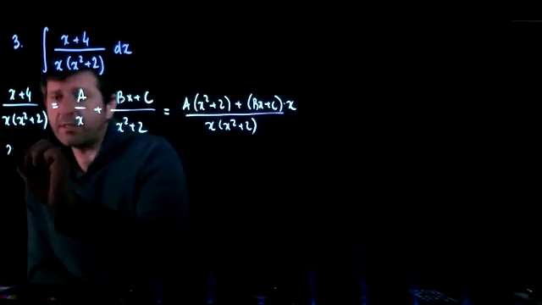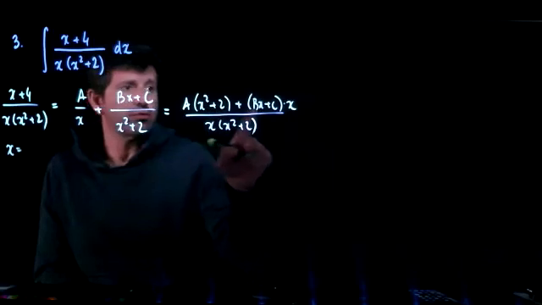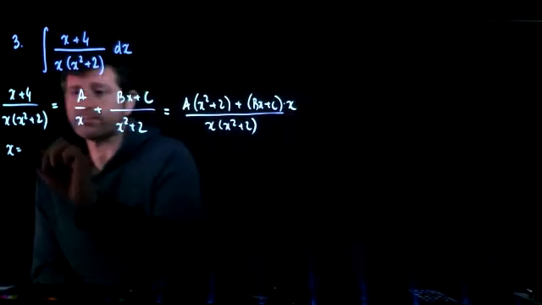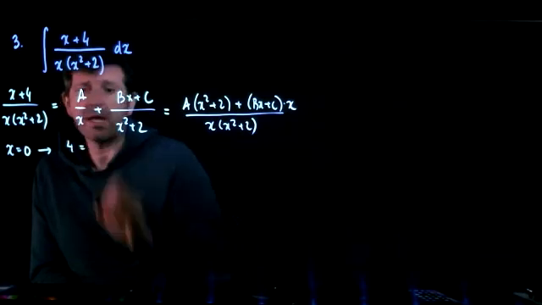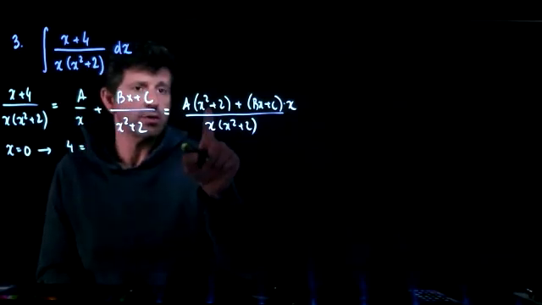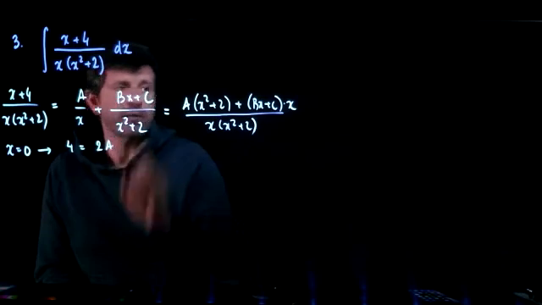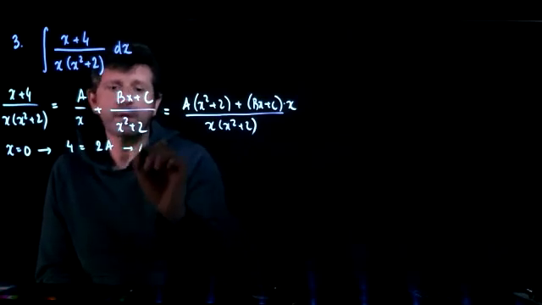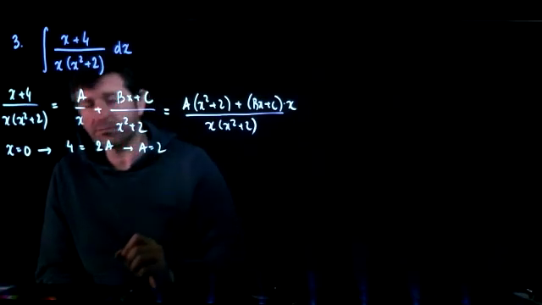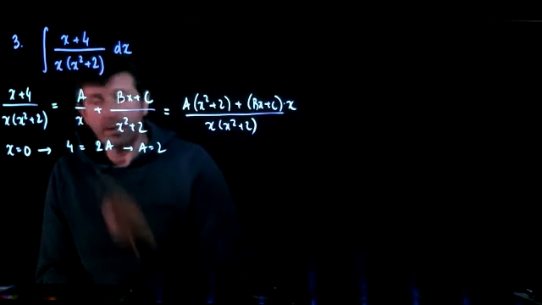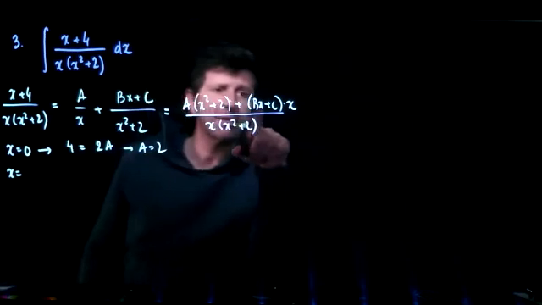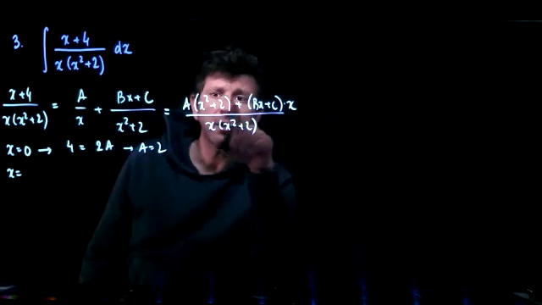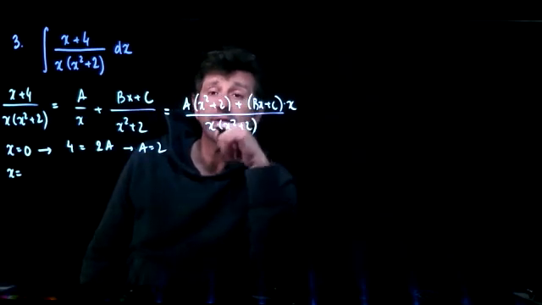So let's say if x is equal to 0, then 4 has to equal, if I plug in 0 here, 2a. And so a is equal to 2. Then I need to be able to cancel something else, and it seems that I can't.